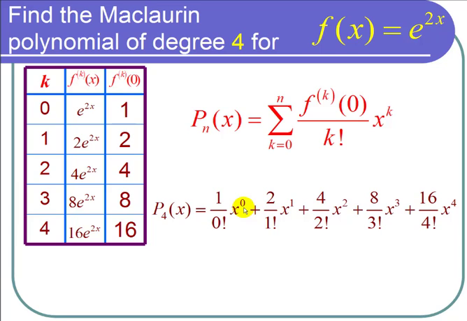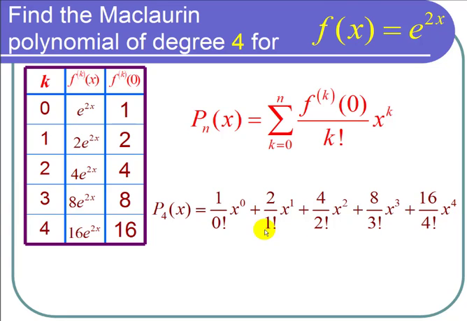And then I plug in 1 for k, so that means 2 in the numerator over 1 factorial x to the 1. And then we have 4 over 2 factorial x squared, and then 8 over 3 factorial x cubed, and then finally 16 over 4 factorial x to the 4th.